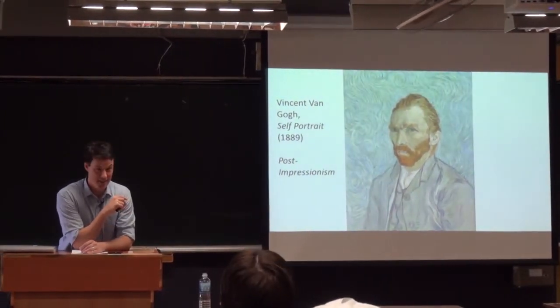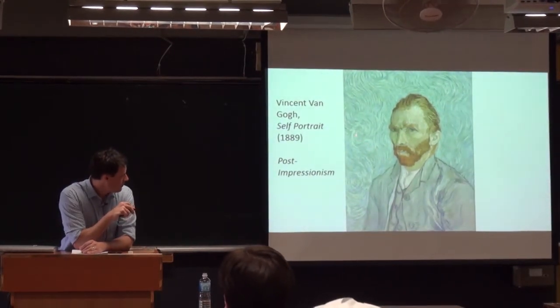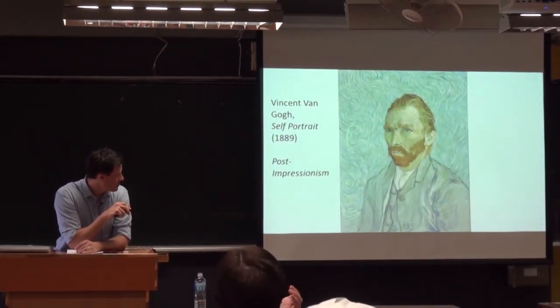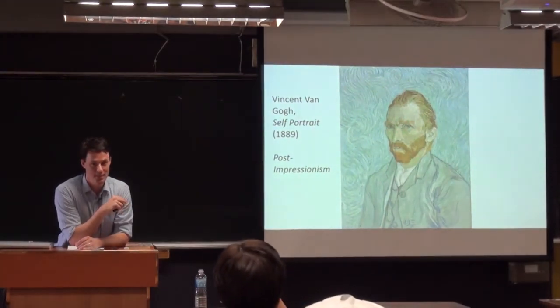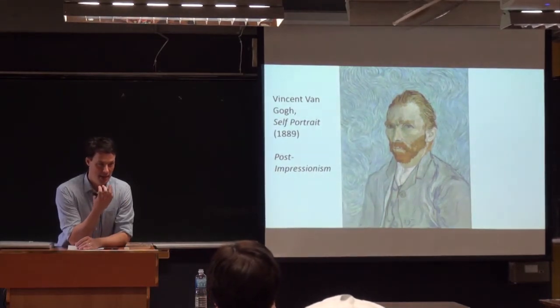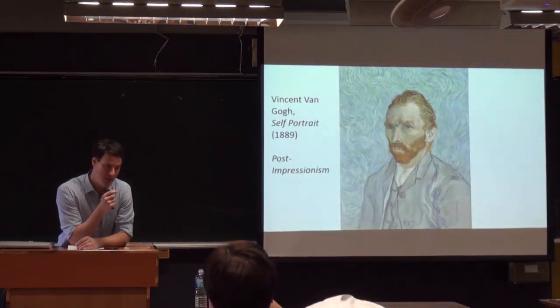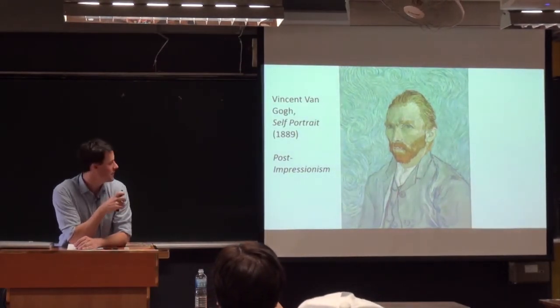What else can we say about this painting? Van Gogh said that if you take a look at his eyes on that painting, his eyes look a little bit unstable, a little bit off, right?